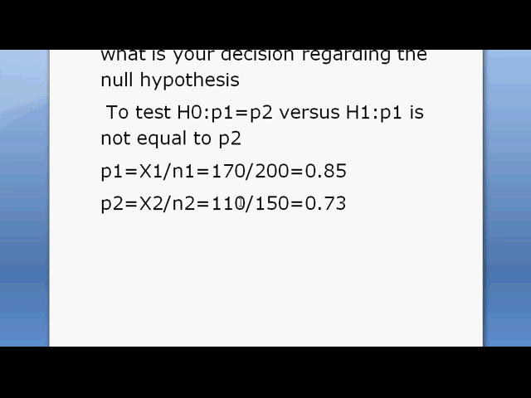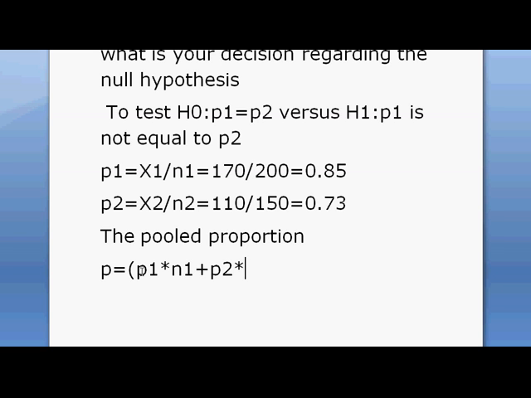Now find the pooled proportion. The pooled proportion P is given by P1 into N1 plus P2 into N2 by N1 plus N2.